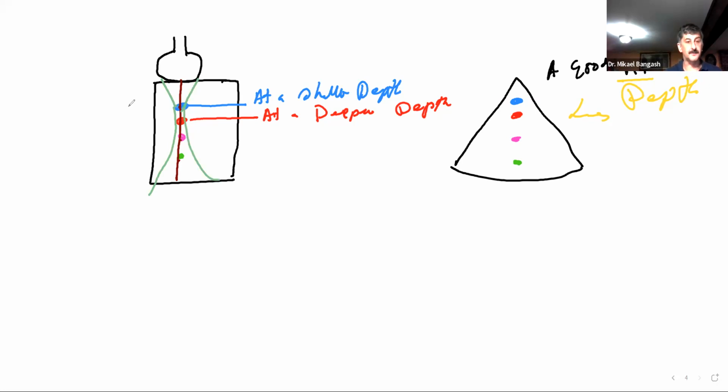At this point I have just focused on this one here. Although your lateral, sorry, not lateral, your axial resolution is not going to be affected by the focus. Practically, it is not the characteristics of the beam that will determine your axial resolution.